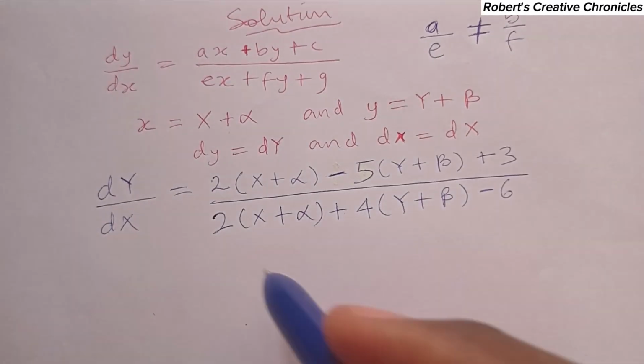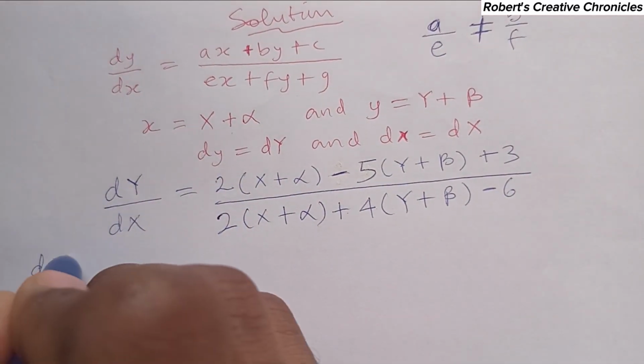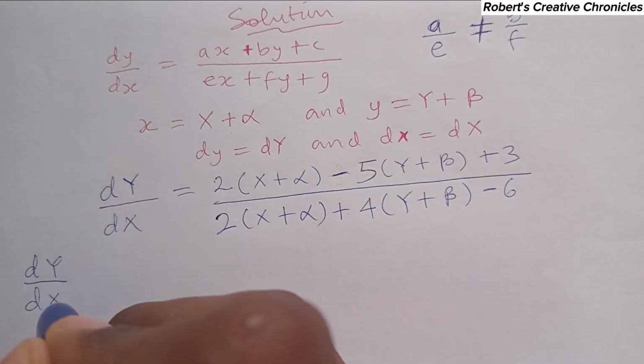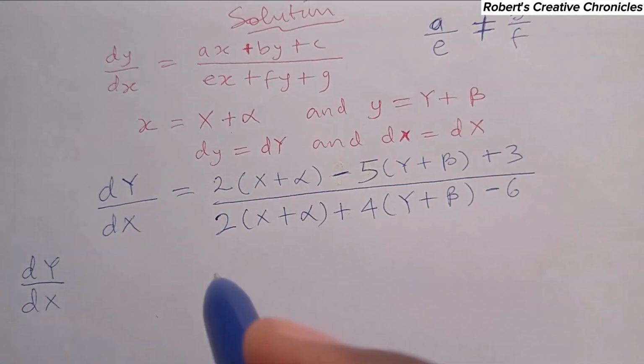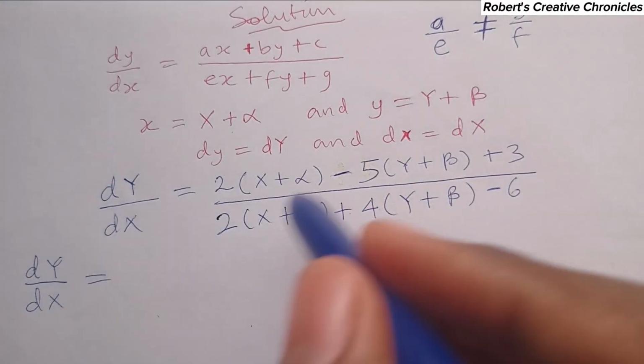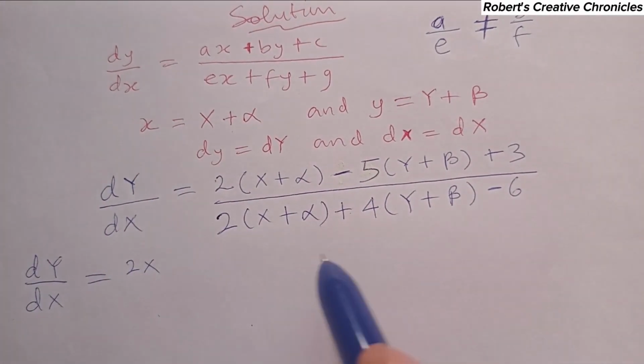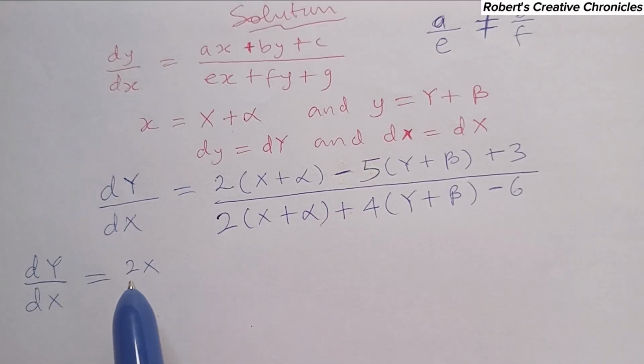Now we open this bracket, so it becomes dY over dX equals what? We'll put all variables of X and Y in one place.